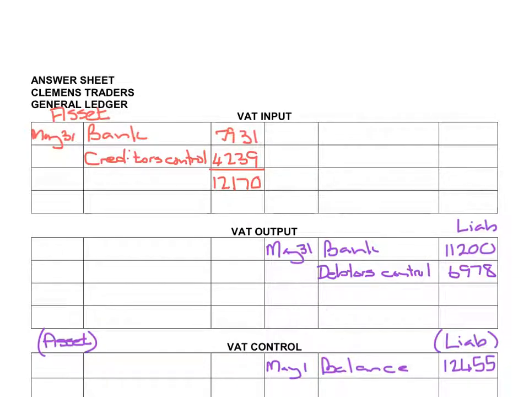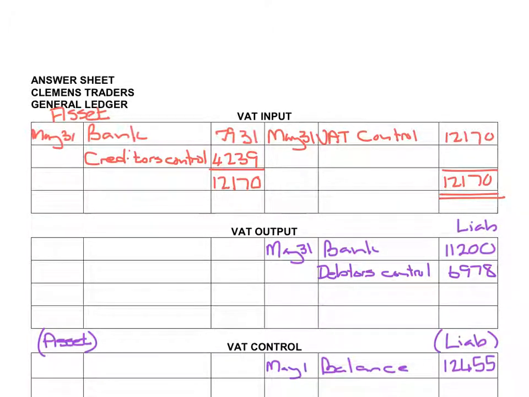At the end of the month, we will add up the VAT input to indicate that the total VAT input that was paid out when goods were purchased or expenses paid can be claimed from SARS, and this will now be transferred to the VAT control account. So at the end of the month, the VAT input account is closed off and the balance is transferred to VAT control.